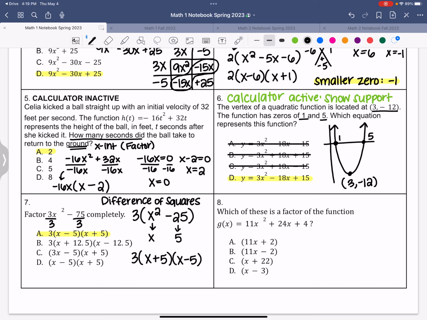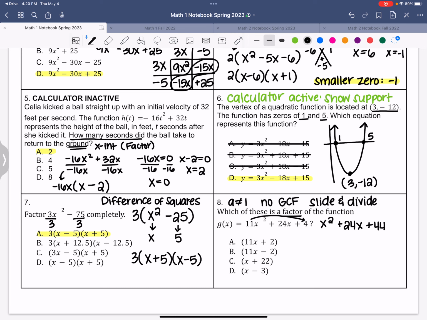Number 8. Which of these is a factor? Again, factoring. A is not equal to 1 here, and there's no GCF. I can't divide 11, 24, and 4 by anything, so we move on to slide and divide. So we slide first. That results in x squared plus 24x plus 44.